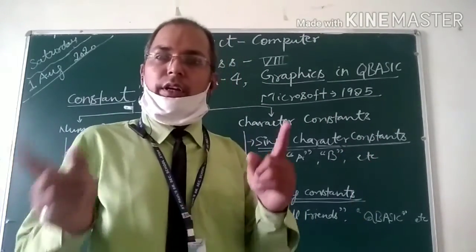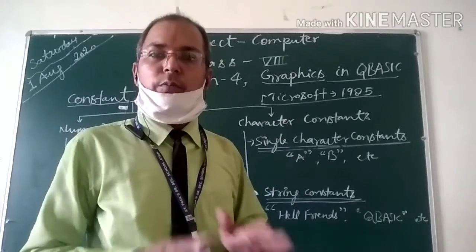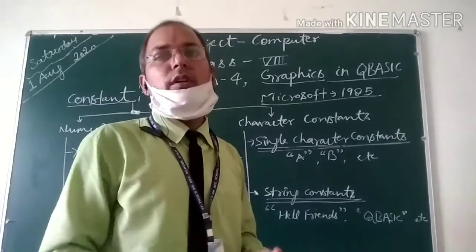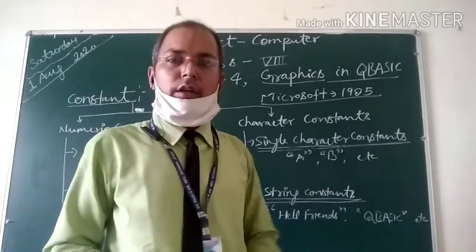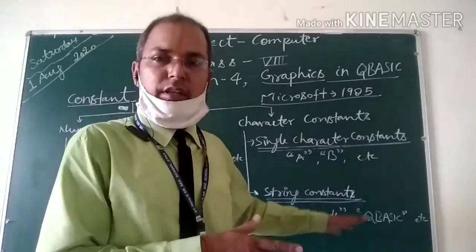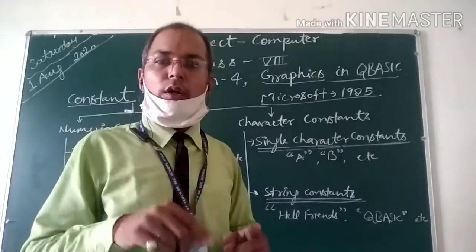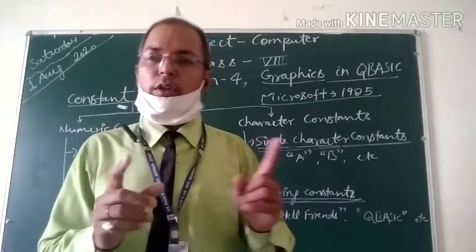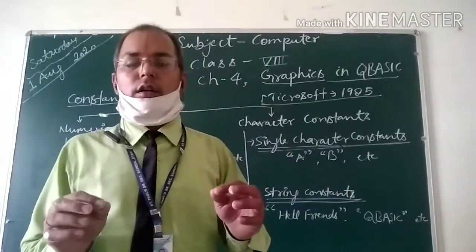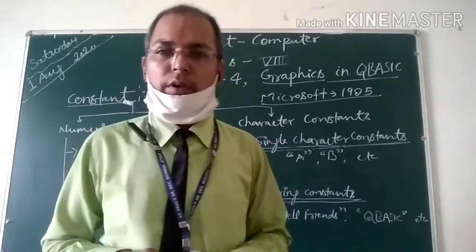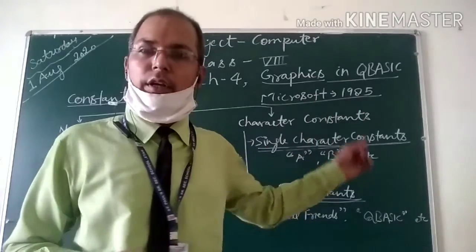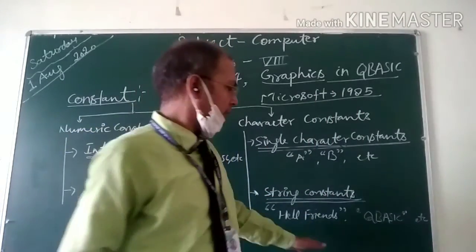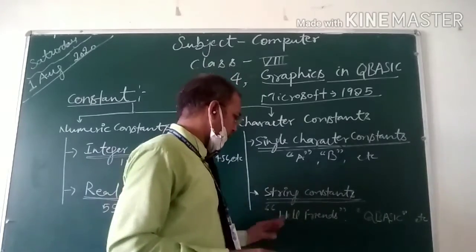Character, single and string. In the single, only A, B, C, all covered by the double inverted quotes. Next, a string is a sequence of characters enclosed by the double quotes.